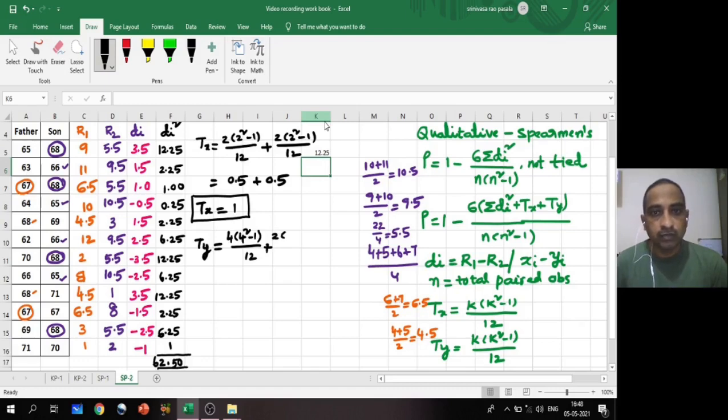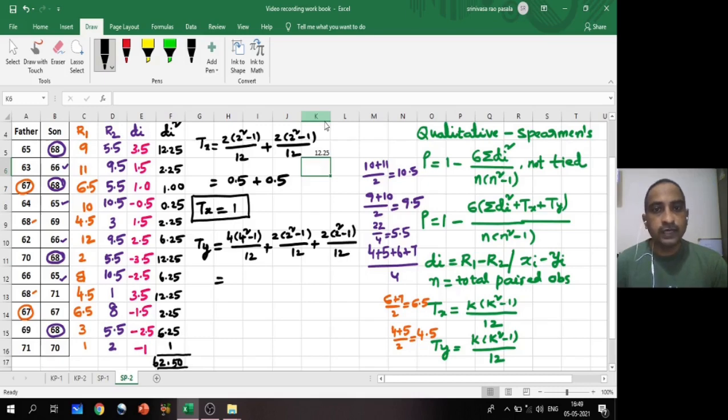So 2 into 2 square minus 1 by 12, plus again 10.5 is repeated 2 times. That's why 2 into 2 square minus 1 by 12, right?